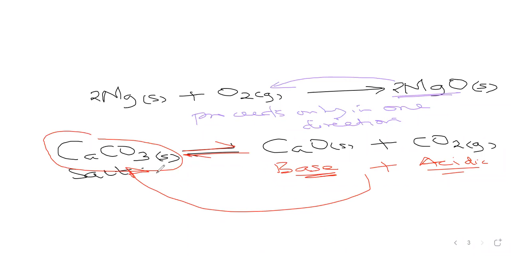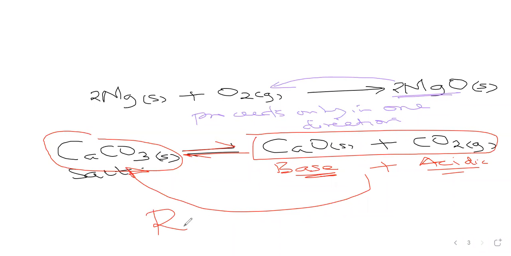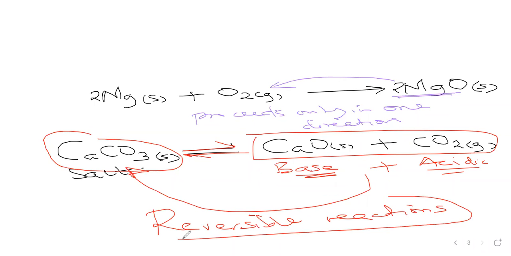It's not only that reaction, there are so many other reactions that do not go to completion and then stop somewhere. The reason is usually because the products that are formed during those reactions do react themselves to regenerate the reactants. Such reactions are called reversible reactions. And in chemical equilibrium, we are going to be dealing with only reversible reactions.